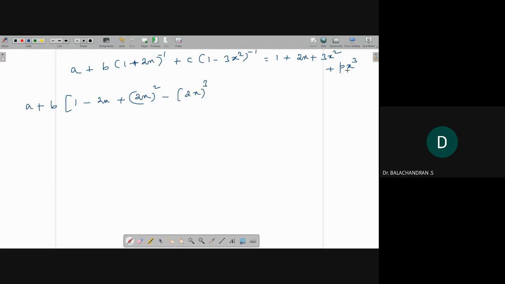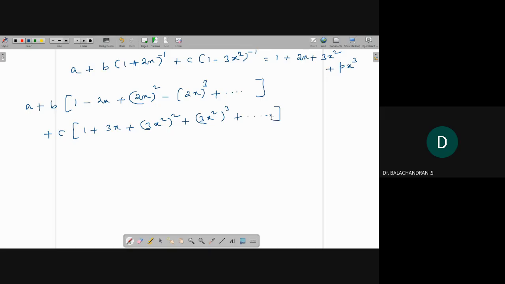Here also maximum degree is cube, that's why I'll stop here, plus c into (1 minus x) whole power minus 1, 1 plus 3x square plus (3x square) whole square plus (3x square) whole cube, plus and so on.